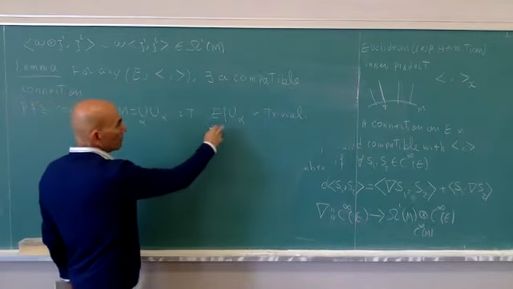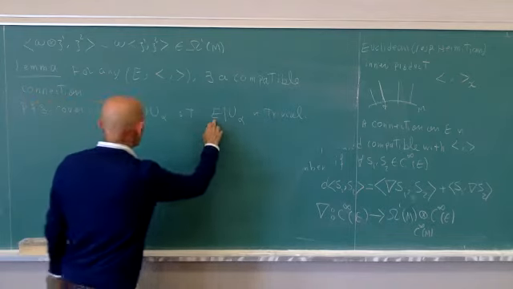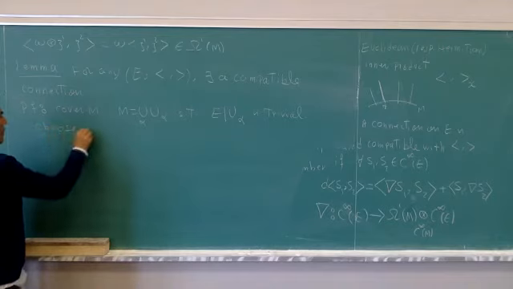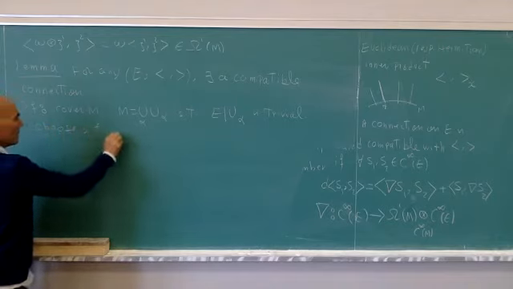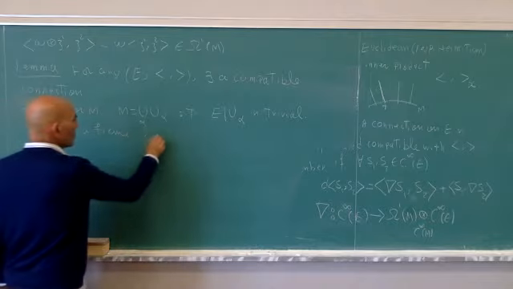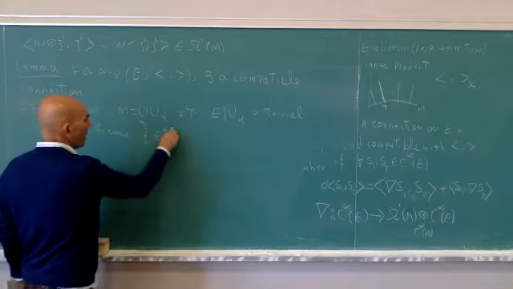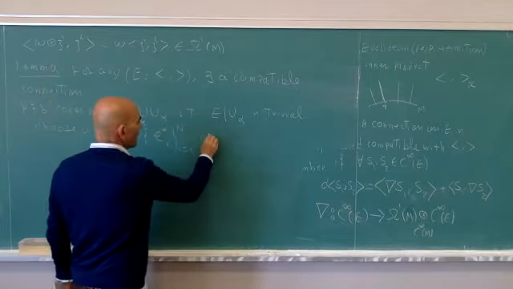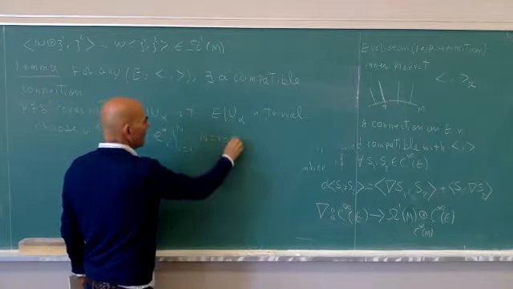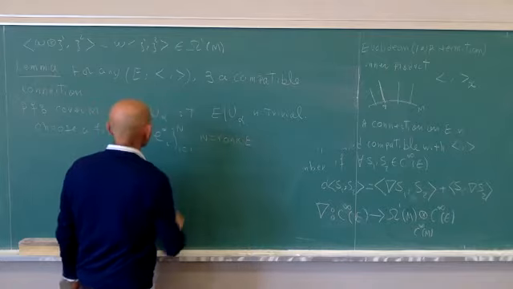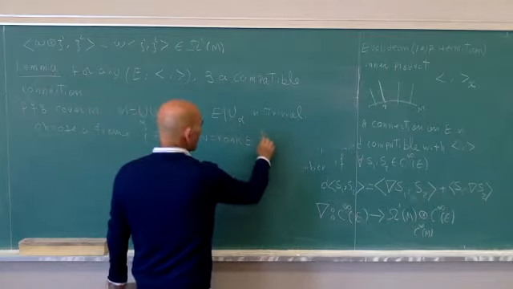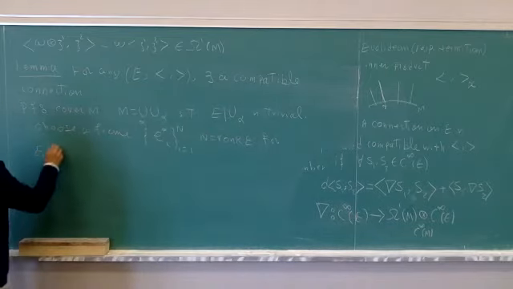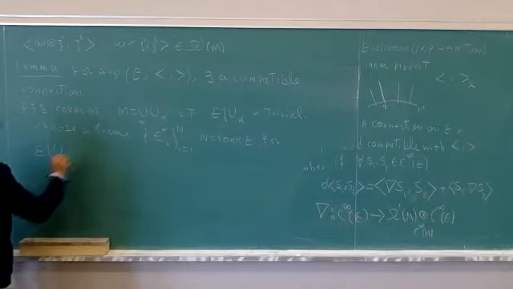And over each U alpha, we choose a frame e alpha i, say i equal to 1 to n, where n is equal to the rank of E, for E restricted to U alpha.